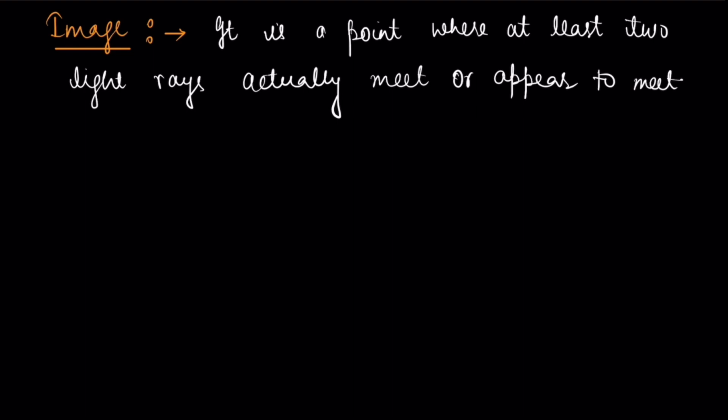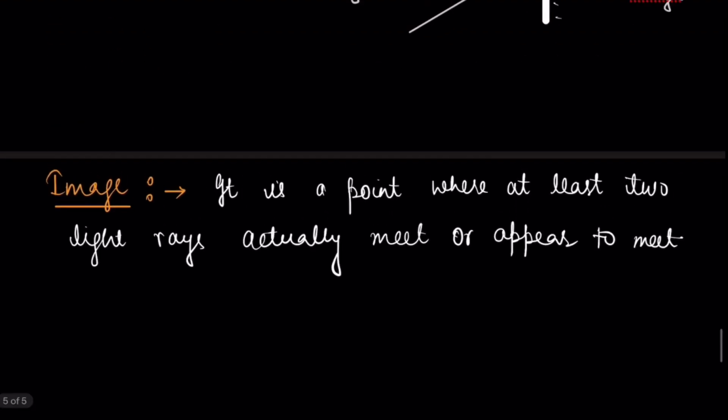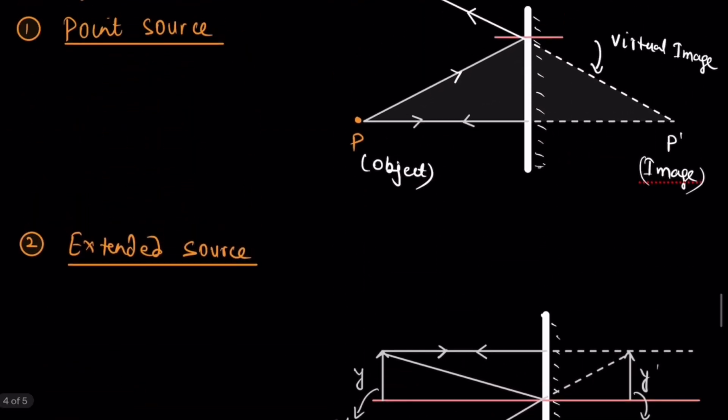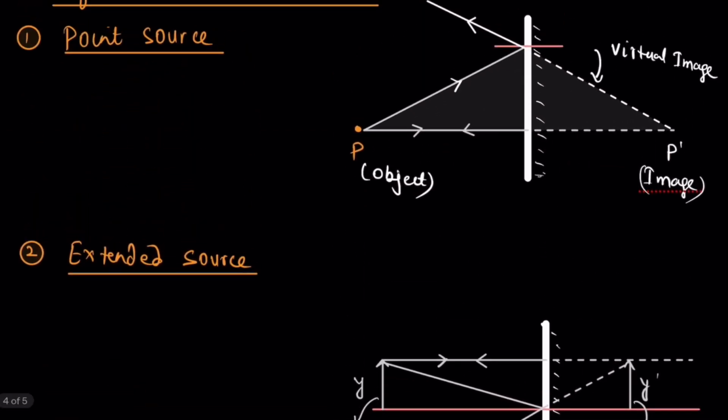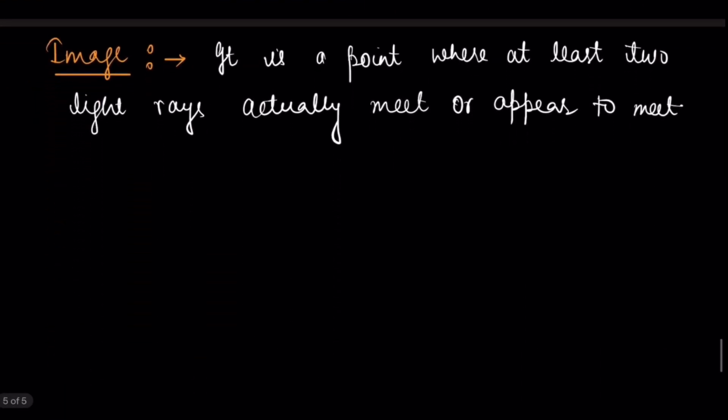This is called an image. Like in the previous example, this dotted line represents that the image is formed at P dash, but this is not the real image, it's a virtual image. So what is the meaning of real and virtual image?